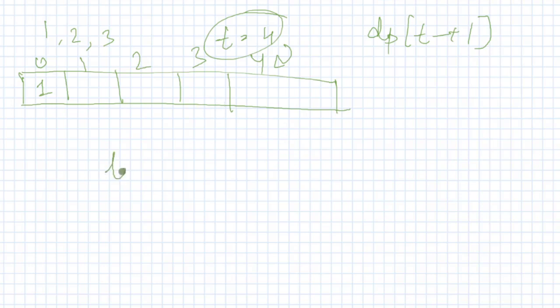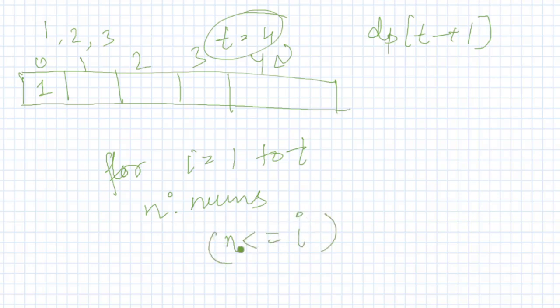Now for every i from 1 to t, iterate over num, where num is an element in nums, and check if this num is less than or equal to i. Then for that case make dp of i plus equals dp of i minus num.